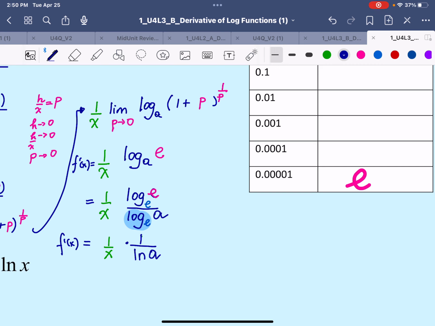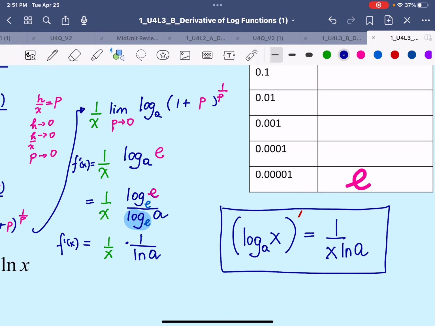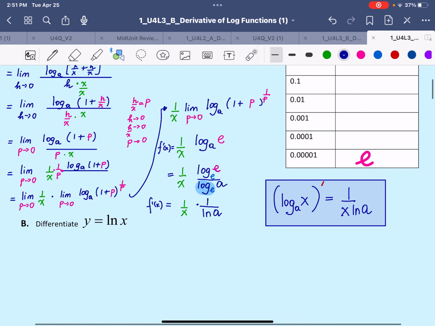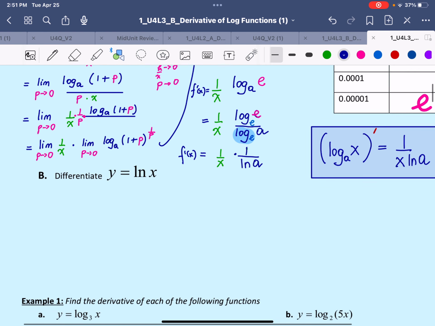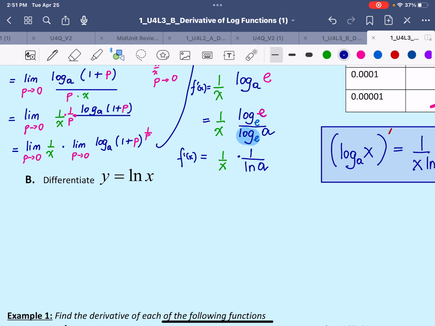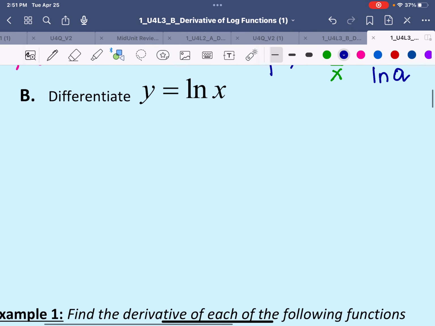So with this, then we're going to say that the derivative of log with base a of x is equal to 1 over x ln of the base. And voila, here goes the formula for the derivative of log. Now, based on the derivative of log with base a of x, we'll derive the derivative for ln of x. Now, remember, ln of x is nothing but log with base e of x.